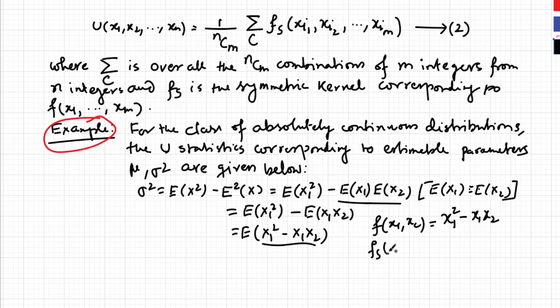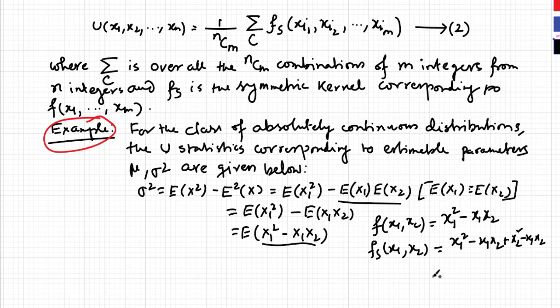f s x1 x2 taking all possible permutations, that means x1 square minus x1 x2 plus x2 square minus x1 x2.